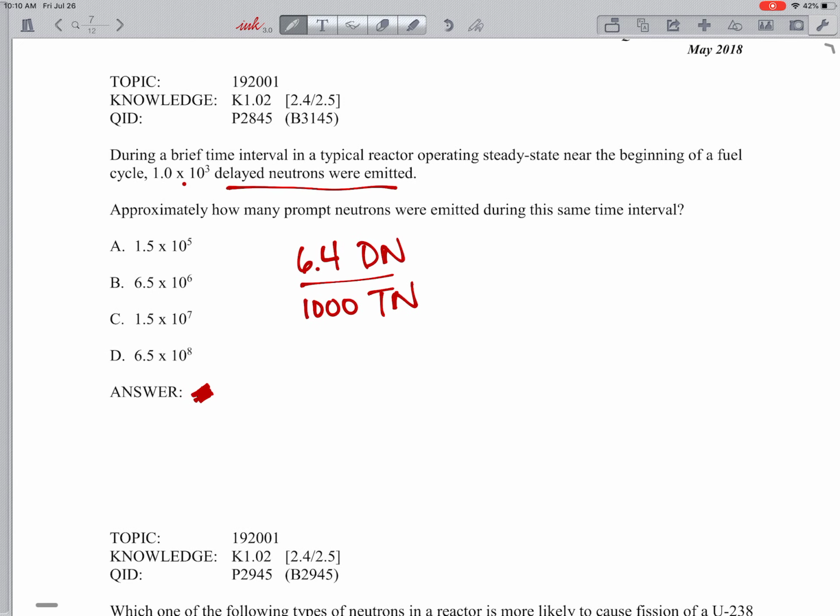That's what I want you to get through your head, not many. So what it's saying is, you had 1,000 delayed neutrons.